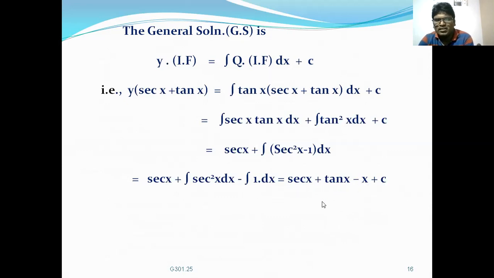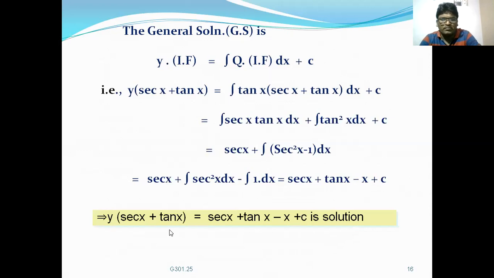This is the general solution of the above problem. See here, y into secant x plus tan x is equal to, on the right side, secant x plus tan x minus x plus c. After completing the solution, you have to put this plus c integration constant. Then it is the required solution.